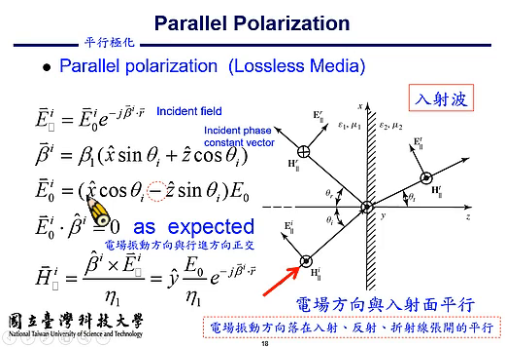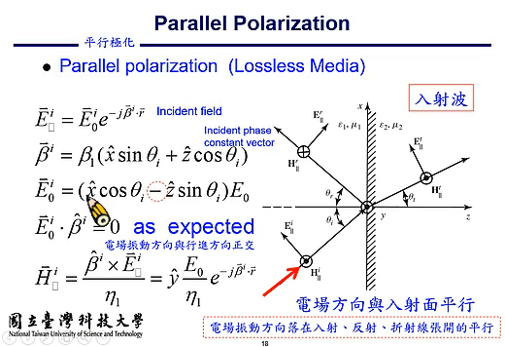So it's written as x cosine theta I minus z sine theta I. Because the E field over here has its projection on the x-axis positive, while its projection on the z-axis is negative, so that it can comply with the right-hand rule.